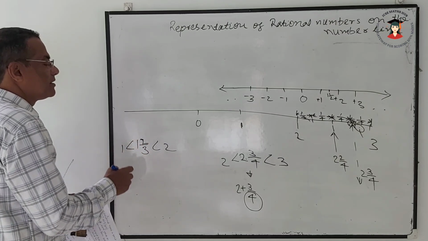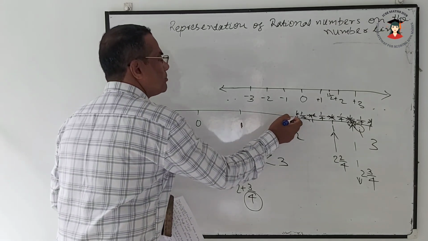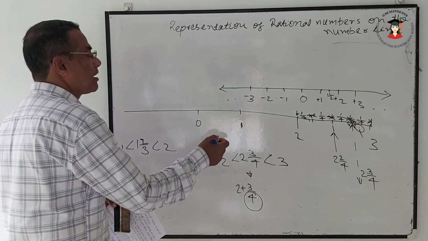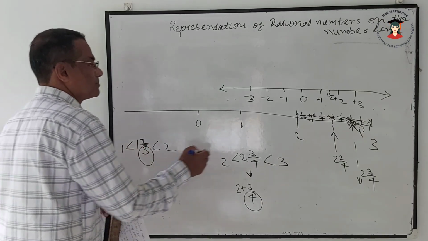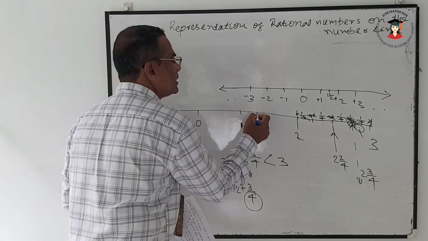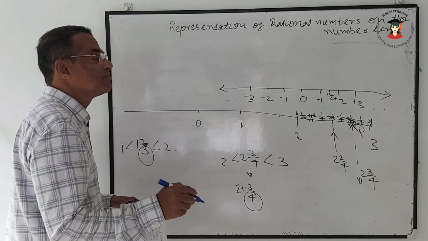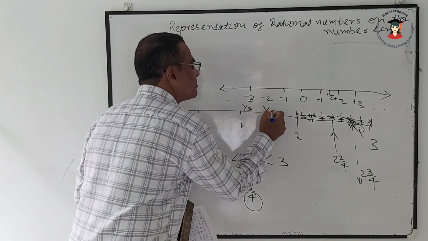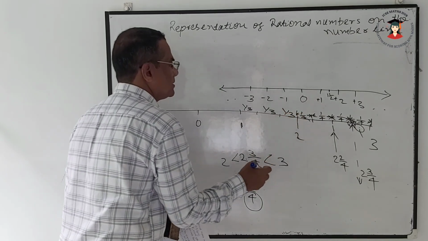Then divide the line segment between 1 and 2 into 3 equal parts, so that each part will be 1 by 3. This is 1 by 3, this is 1 by 3, and this is 1 by 3.